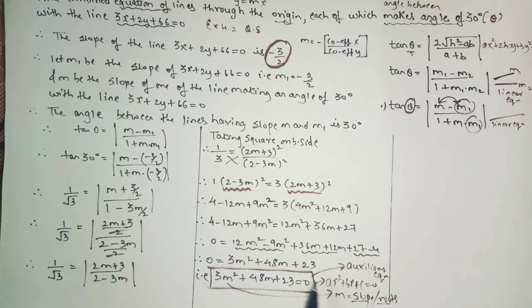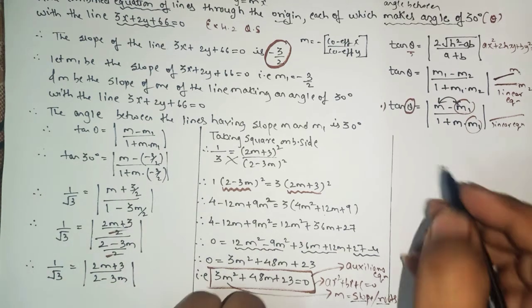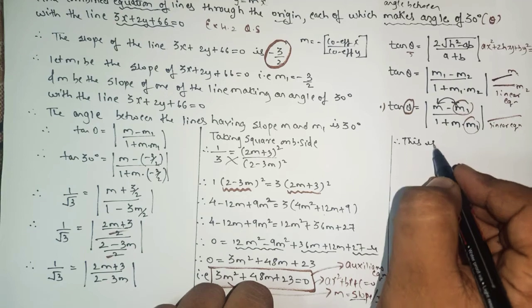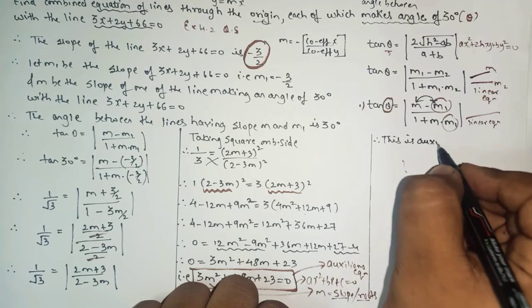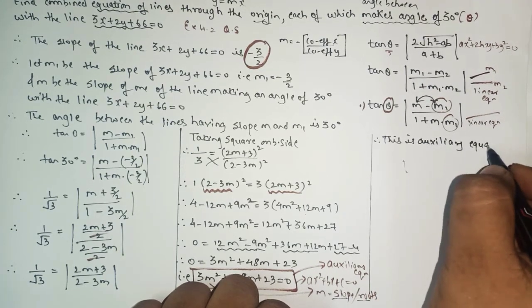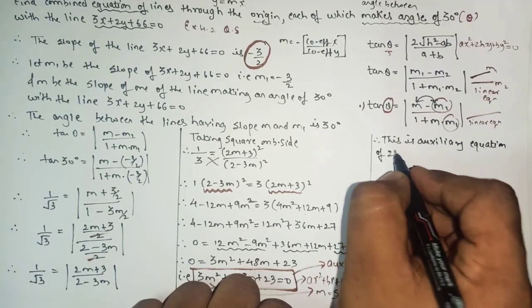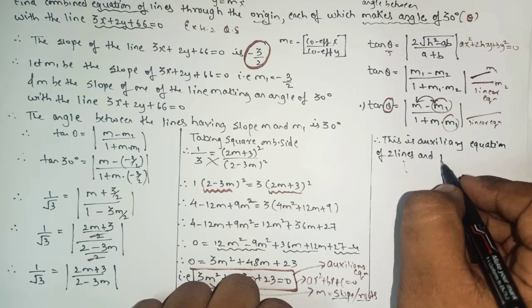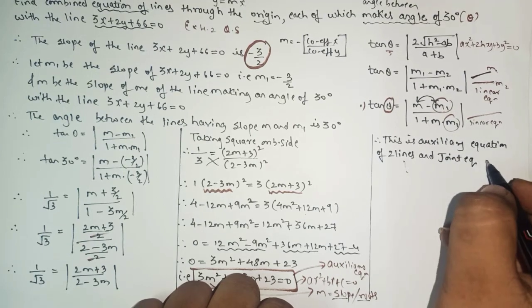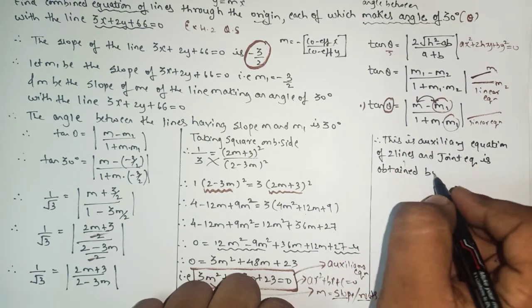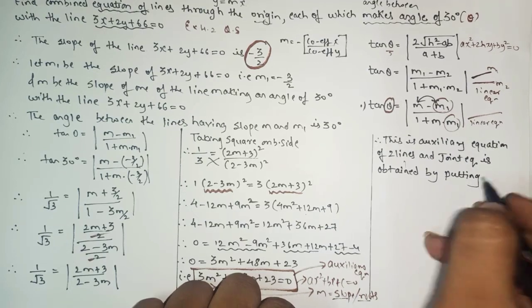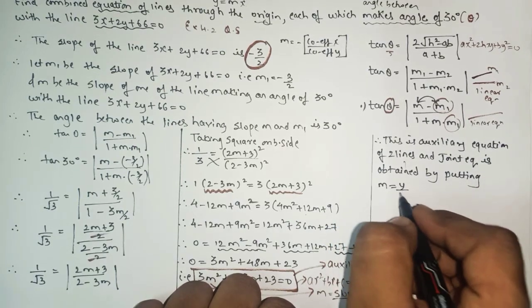As it is a slope, a quadratic equation with the variable m, in the straight line chapter, is known as the auxiliary equation, yes or no. So here we can write, this is the auxiliary equation of two lines, and we know that the joint equation is obtained by replacing m equal to y by x.